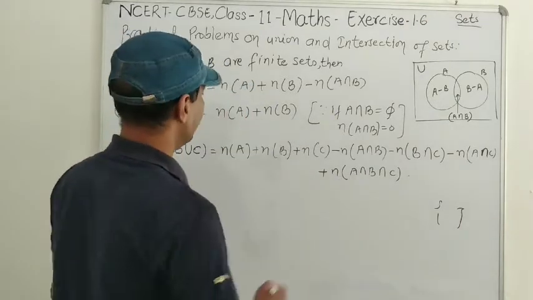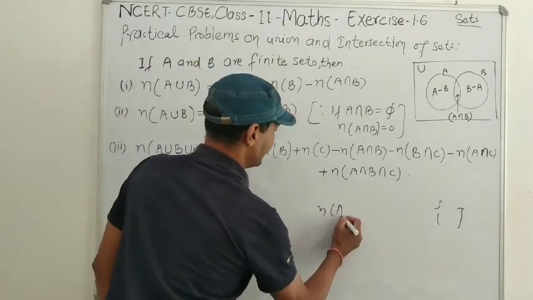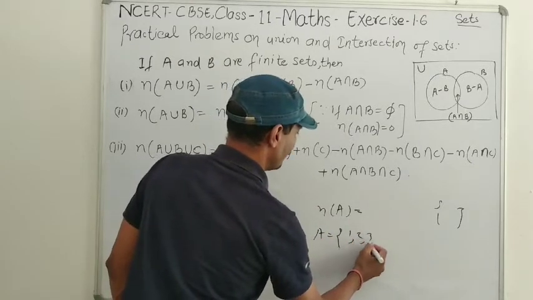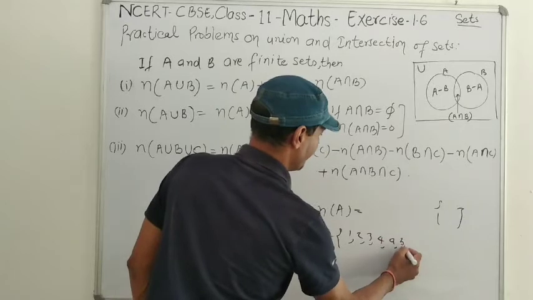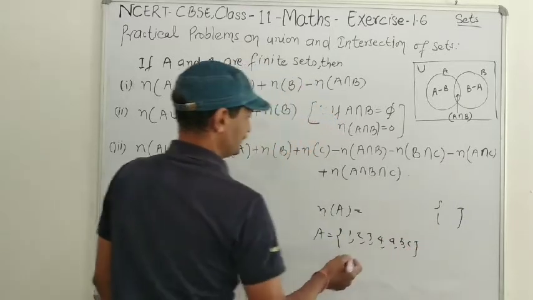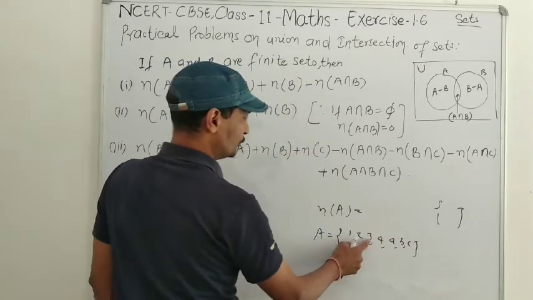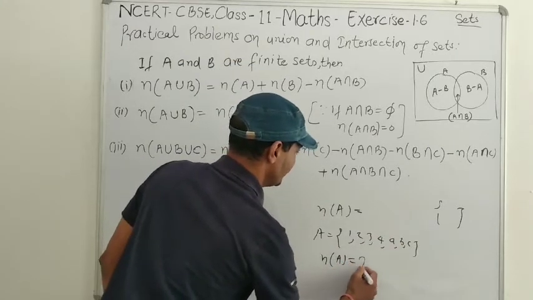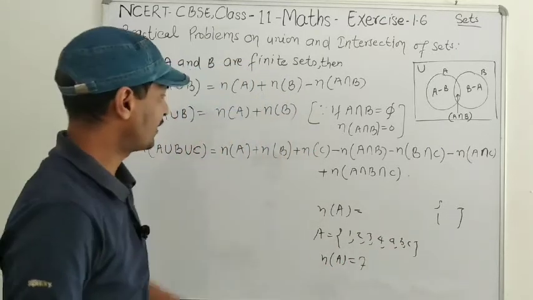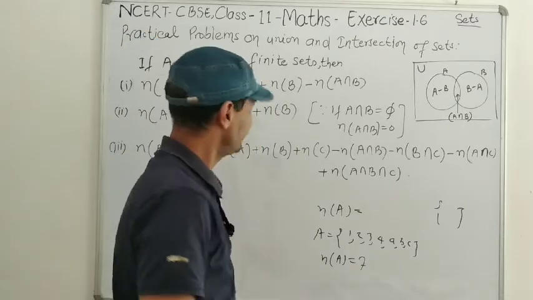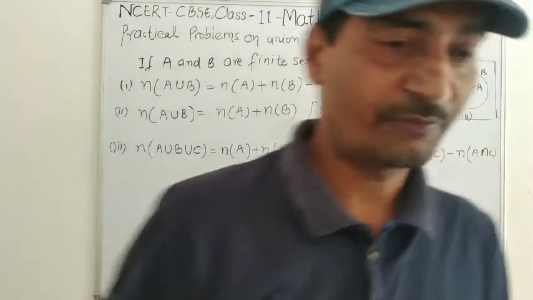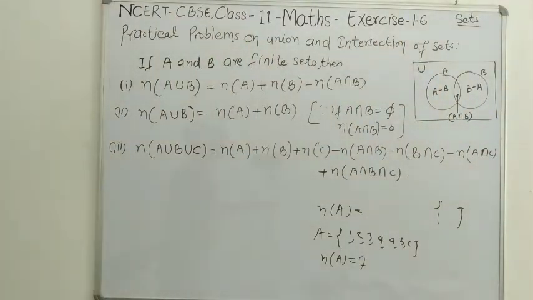So let's see what n is. n(A) means, suppose we have a set with elements 1, 2, 3, 4, 5, 6, 7. How many elements here? 7. So we write n(A) is equal to 7. So n means the number of elements in the particular set. These are the three formulas which will be used in the questions from this exercise 1.6.